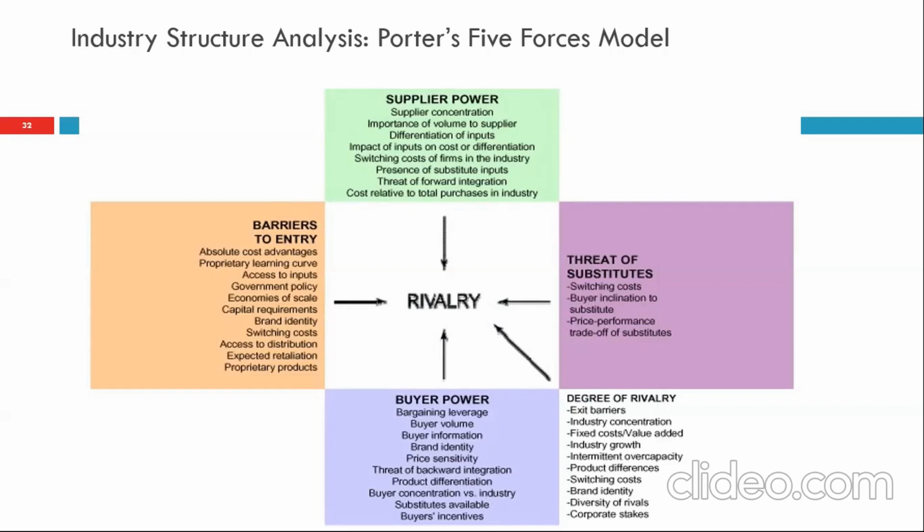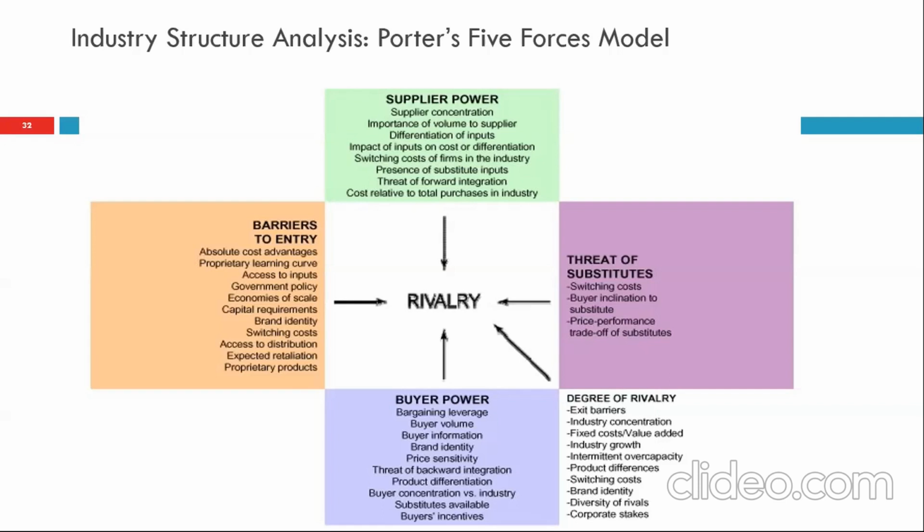The more the buyer power, buyer information, you need to work very high. And if you have a threat of substitute on a higher side, either on the raw material side or on the buyer side, then the degree of rivalry will be very high.